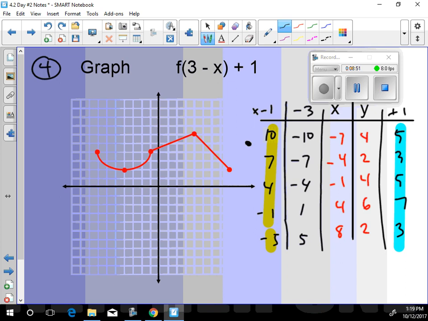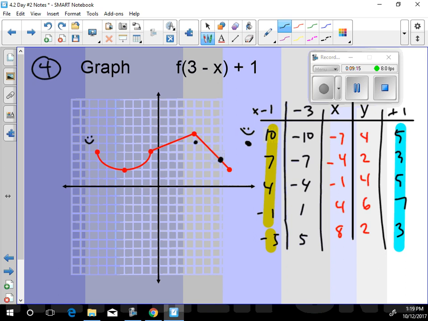10, 5 used to be -7, 4. Okay, so here we go. That becomes that. I'm not going to label all these, but you can do this yourself later on. 7, 3. Okay. 4, 5.